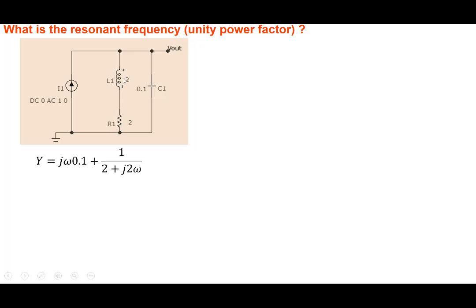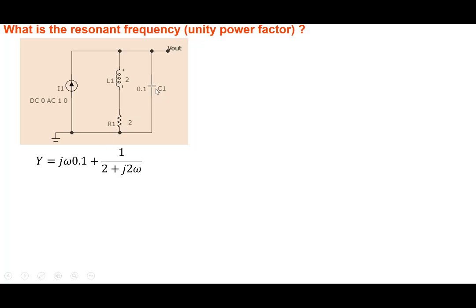So in this case, we would like to know what is the unity power factor. What is the frequency at which the current and the voltage that is developed are in phase with each other here? So we are asking for that particular frequency. Because it's parallel, it's easier to write down admittance here.